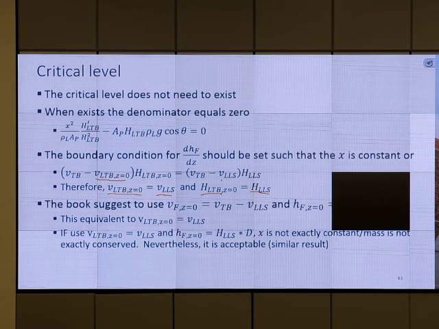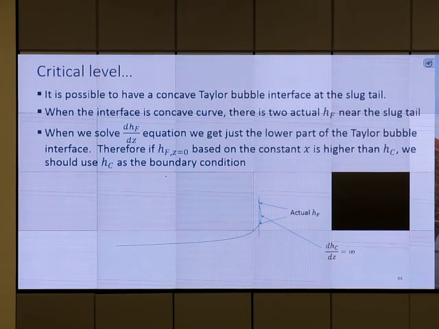This equals that, VLLS. For horizontal flow, VLLS equals VGLS. Anders, what is VLLS? Yeah, liquid velocity inside the liquid slug. VGLS is gas velocity inside the liquid slug. So now we can solve it.